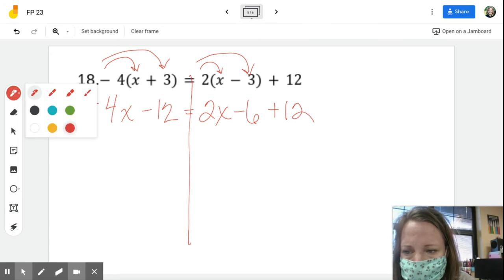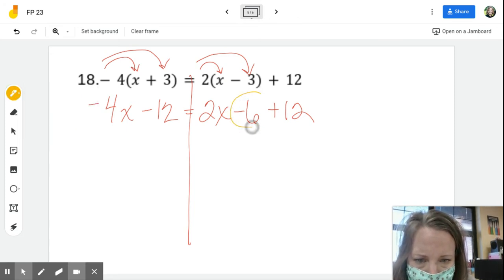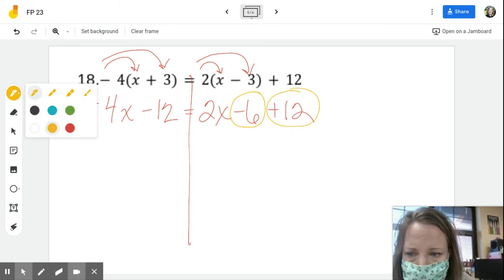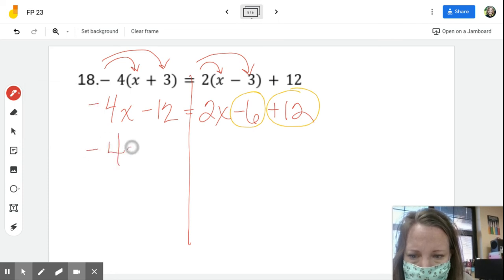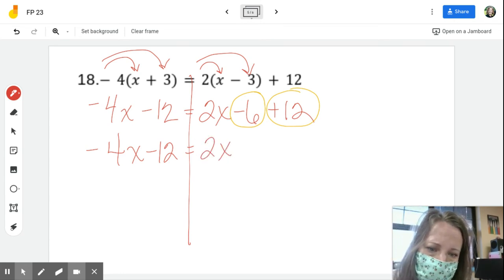Now I'm going to see if I can combine any like terms on the same side of the equal sign. Those two constants can be combined. So I'm going to rewrite negative 4x minus 12 is equal to 2x, and then negative 6 plus 12 is a positive 6.